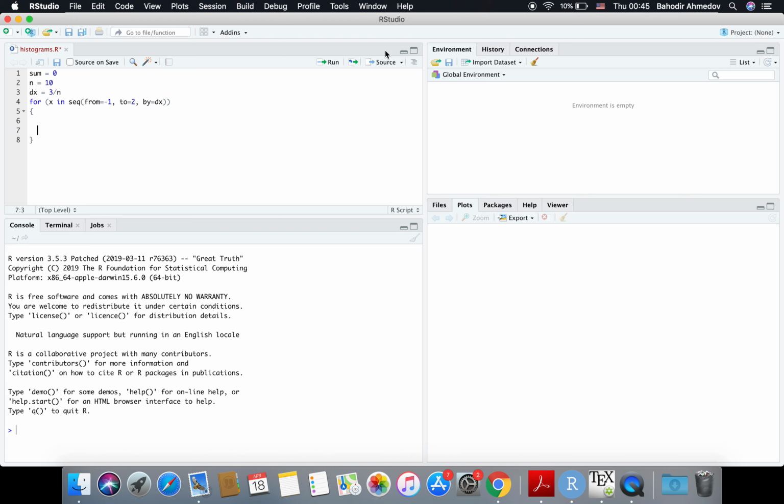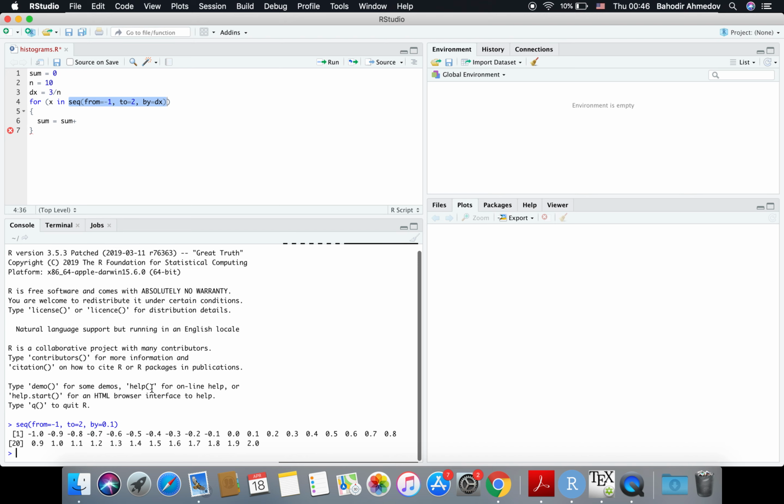So the sum will be sum plus the value of the function at those points x. I'm just going to show you what happens with the sequence. If you write a sequence here with step 0.1, it's going to give you an array of numbers from -1 until 2 by adding 0.1 each time.